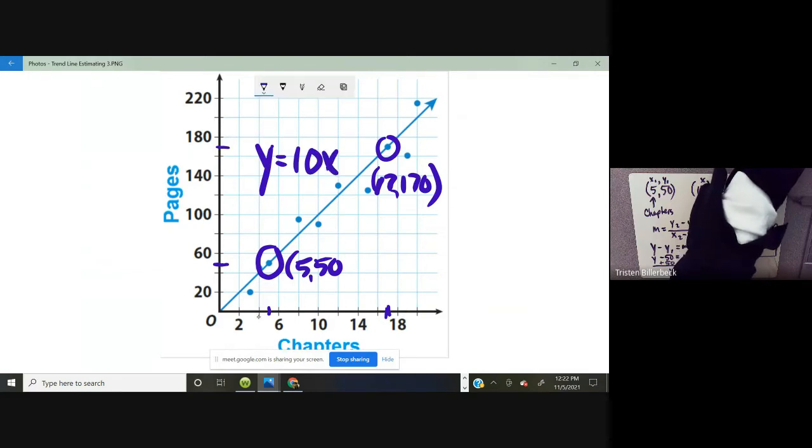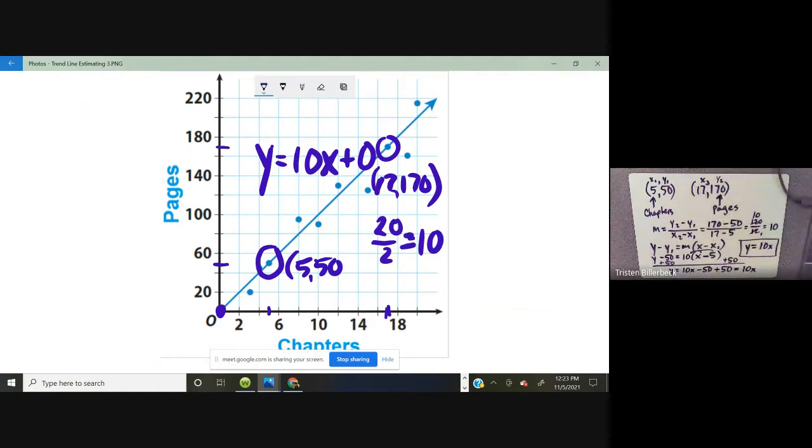So that means that my y-intercept is 0. And it sure does go through 0. Okay, it also means if I rise 20, I move over 2. Well, 20 divided by 2 equals 10. So that is the slope.